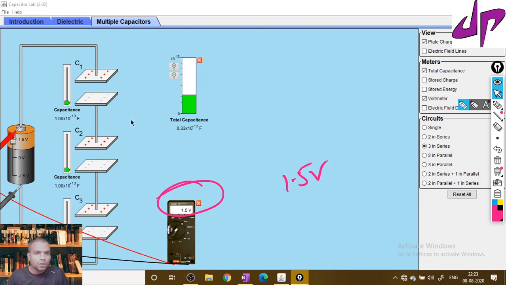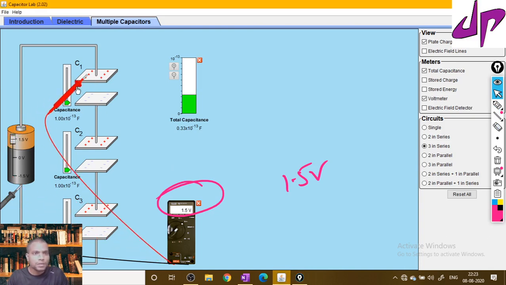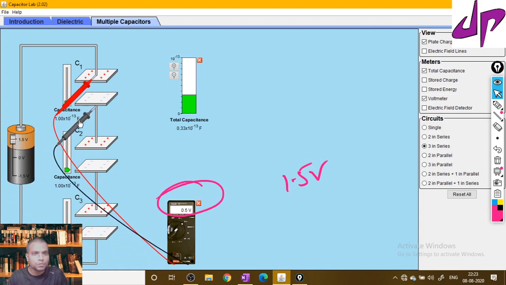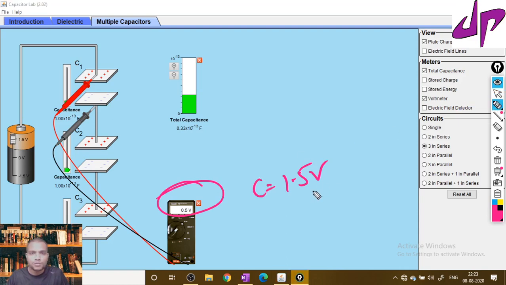Okay. Now this C1 plate accumulates positive charge and the C2 plate accumulates negative charge. Suppose I measure the potential difference across C1. Here you can see it shows 0.5 volt.